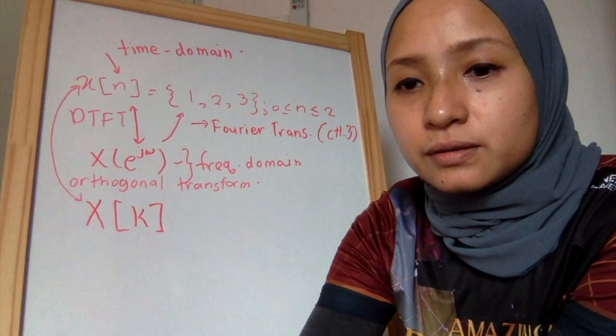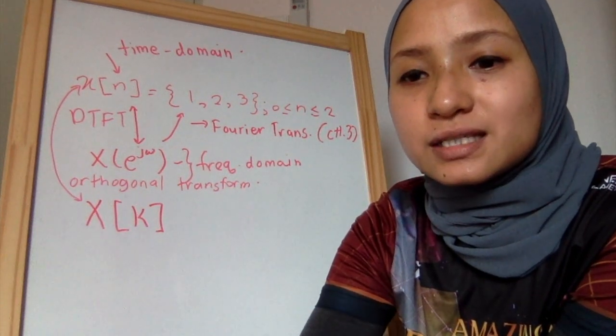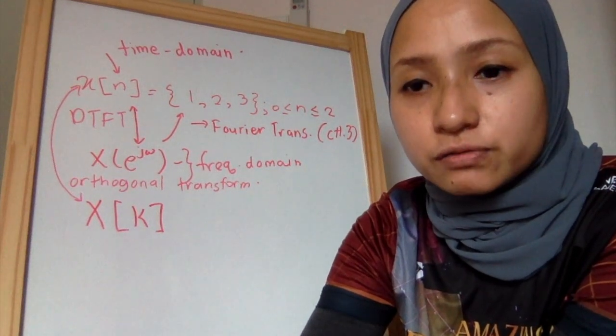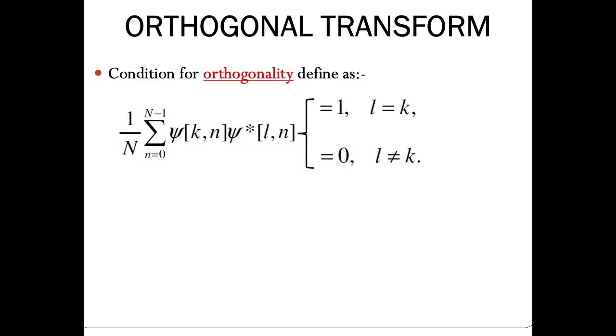If you look at these two equations, they are actually similar to our previous Fourier transform equations. The condition for orthogonality is defined as: when l is equal to k, the orthogonality is equal to 1, but it is equal to 0 if l is not equal to k.